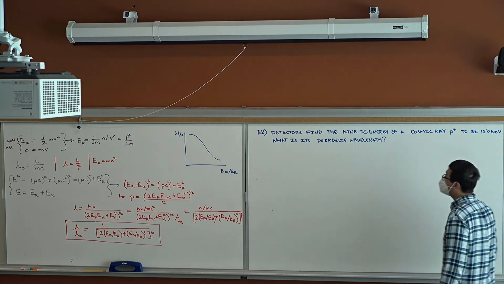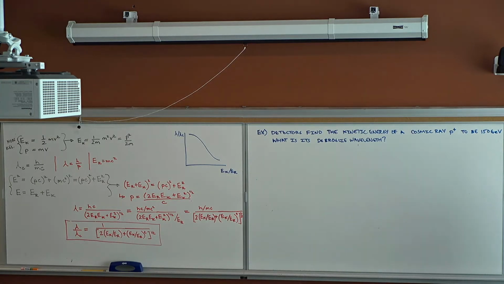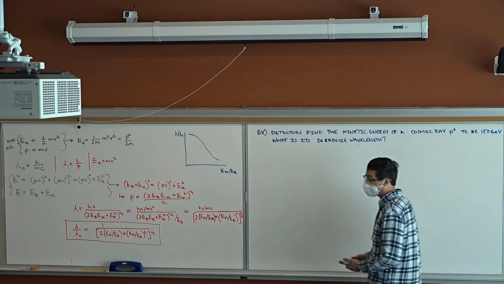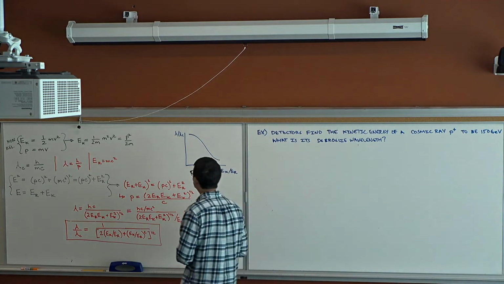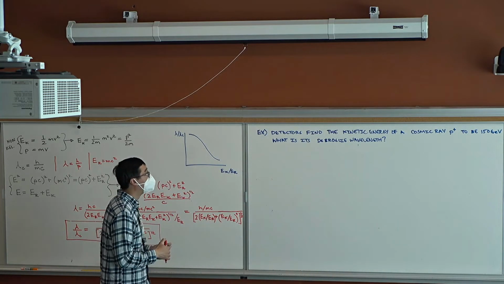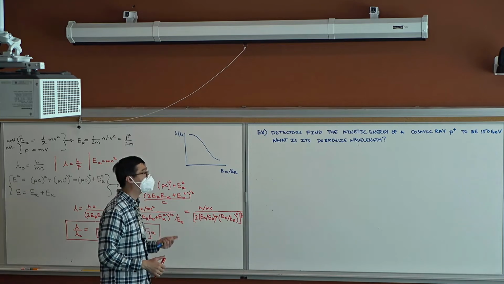So if we have some detectors on our spaceship, and we observe a cosmic ray proton traveling super fast, with a kinetic energy of 150 giga electron volts, and we wanted to calculate the de Broglie wavelength, what to do?